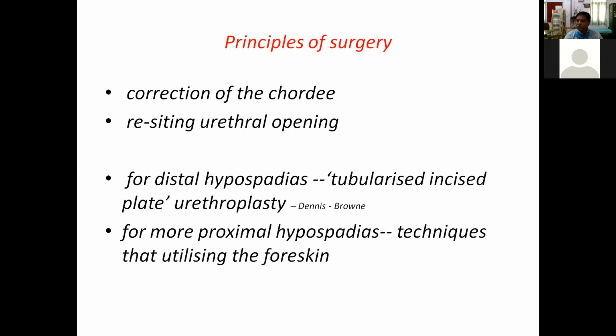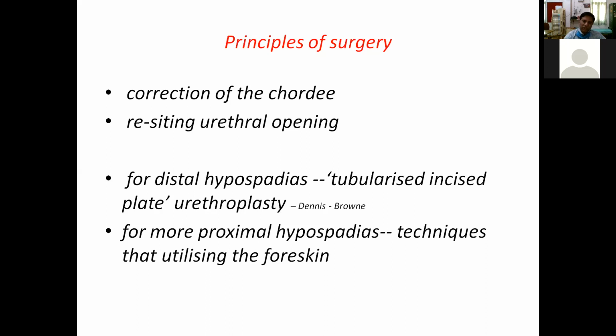So the extra, loose foreskin is there. You can utilize this foreskin to reconstruct the missing part of the urethra. Or you can bury the peripheral strip of the skin on either side of this chordee fibrous tissue and try to make it into a tube. So that is the older method.